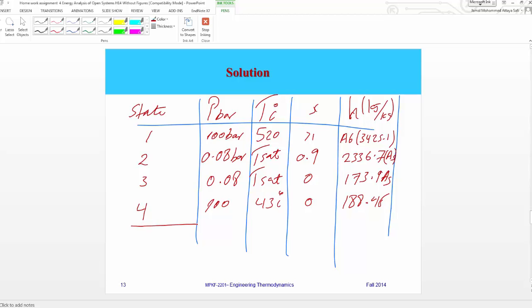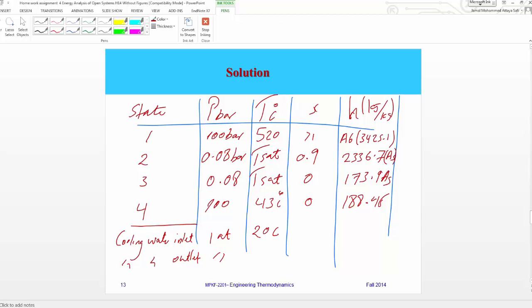And now, because this was for the steam, at the cooling water inlet and cooling water outlet, it's 1 atmosphere, and this is the same as 1 atmosphere.